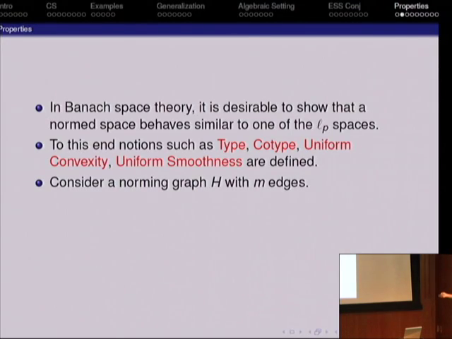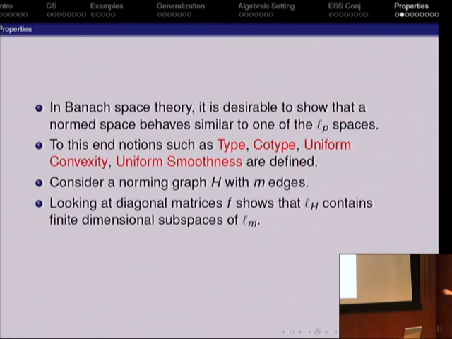Now, consider a graph H with m edges, and suppose that it defines a norm. So we know that the function defined by H is a norm. Now, let me just restrict myself to diagonal matrices. So these functions are applied to all general matrices, right?